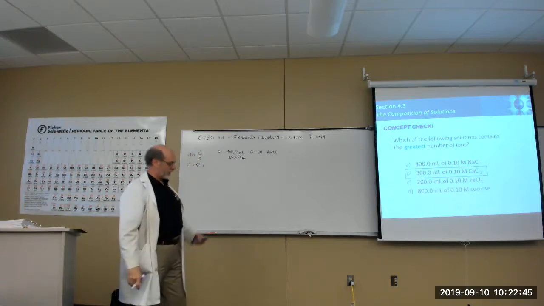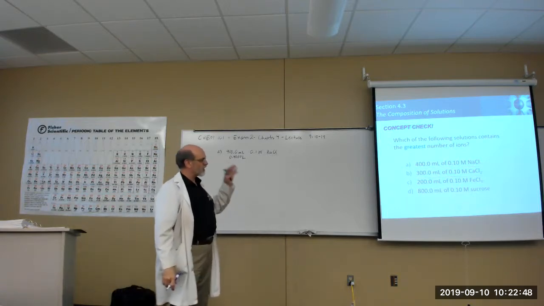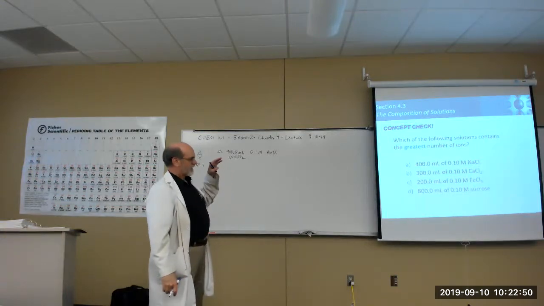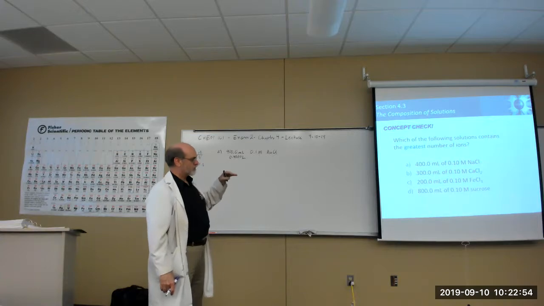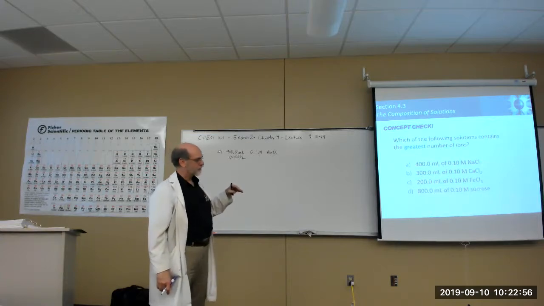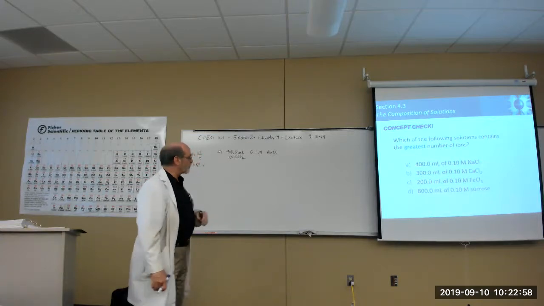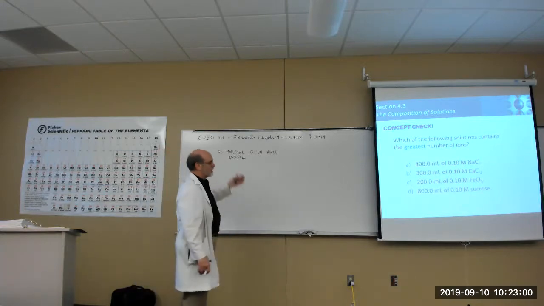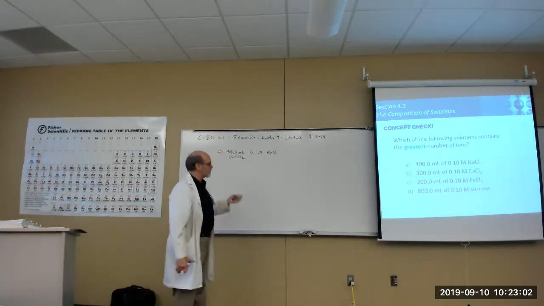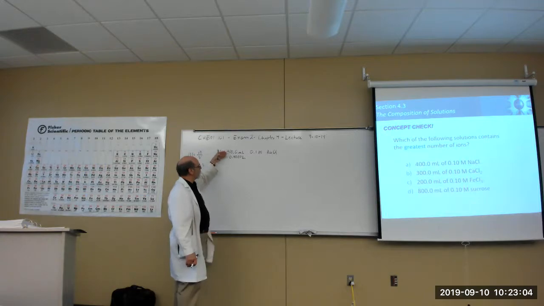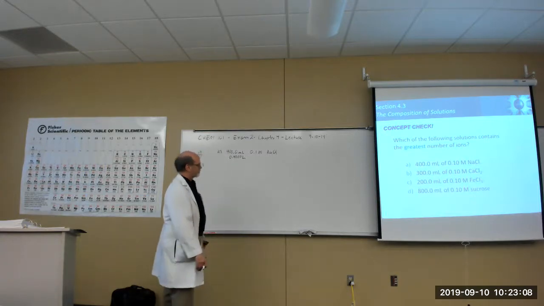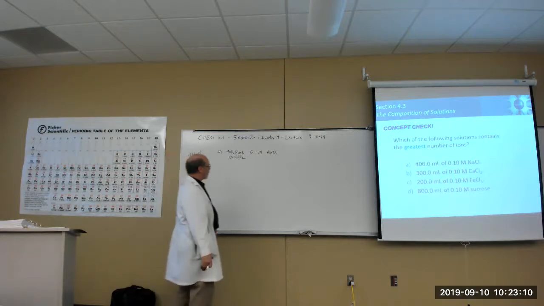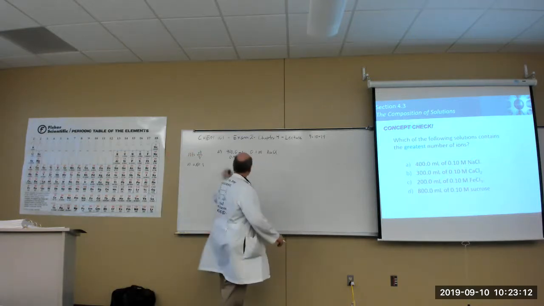But since we're comparing these values for each one, A through D, we could multiply milliliters and be able to compare because the units of volume are the same for every one, whichever you prefer. I'm going to leave it at milliliters.